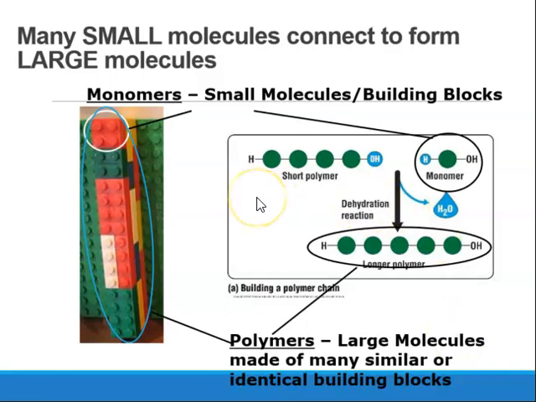So here we actually see smaller molecules come together through a dehydration reaction, meaning water goes out of the equation, forming a larger polymer. We have a short polymer and a monomer coming together and then forming polymers.